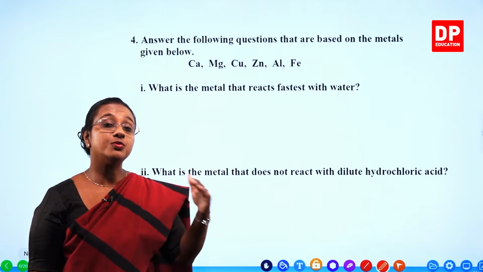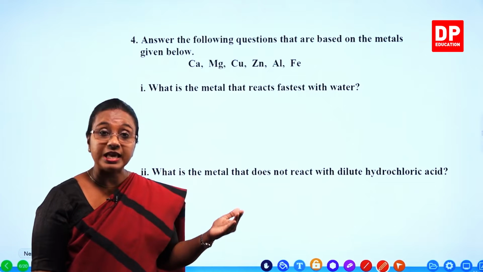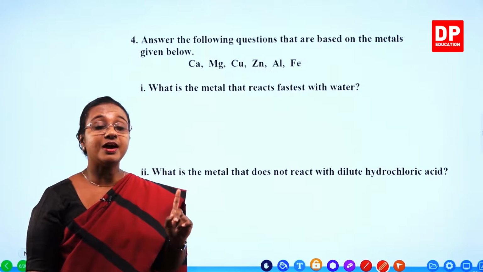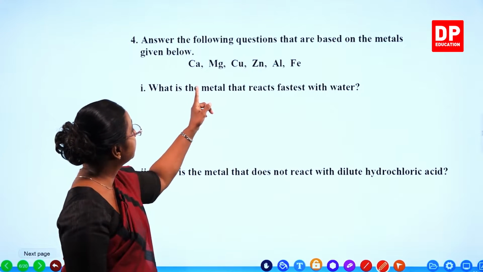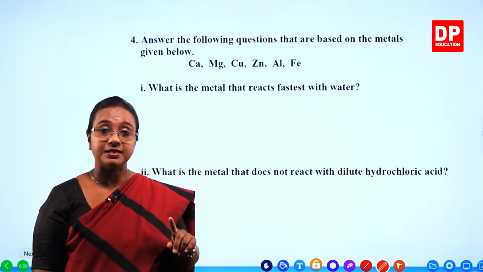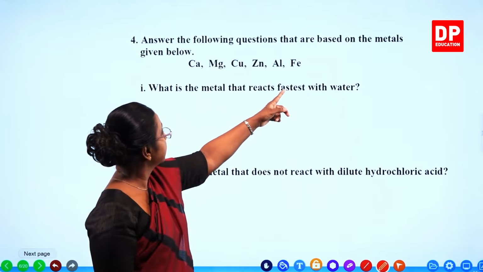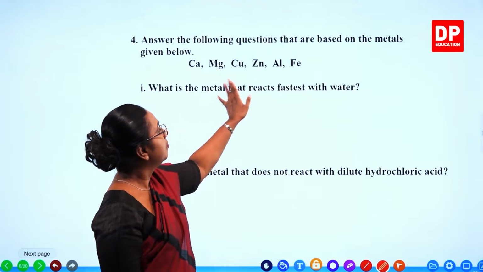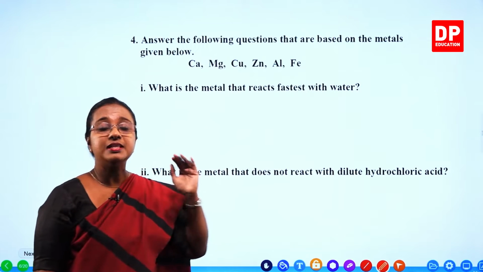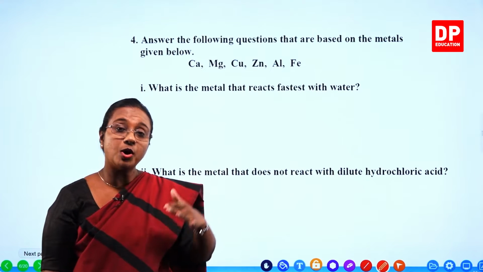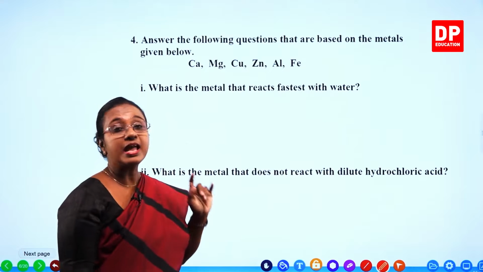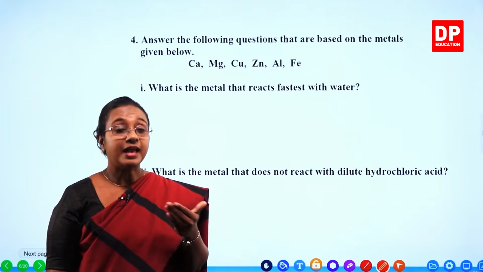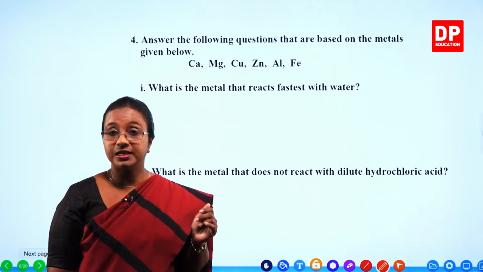So potassium, sodium and calcium are more reactive than magnesium. Although we didn't try the reaction, calcium is more reactive than magnesium. But copper, zinc, aluminium, iron, mostly copper, zinc and iron, are not that reactive. They are all moderately reactive. Even aluminium doesn't react very fast. It can react but under stronger conditions.